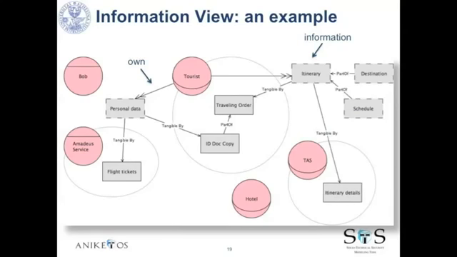On the other hand, the tourist owns his itinerary, and itinerary is an information that contains information about destination and schedule. That's why we capture this structure by means of part of. When the tourist is providing the traveling order, the traveling order document also contains an ID document copy of the tourist, and that's why we also capture part of between these two documents. So this is the way in which, in the information view, we keep track of which information is represented in which document and how information and documents are structured.